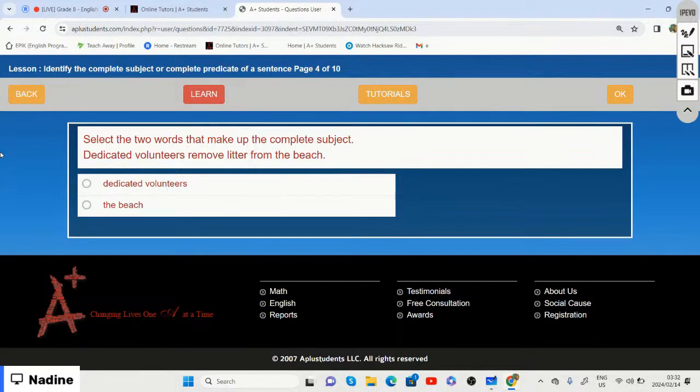We need to now also select two words that make up a complete subject. It says dedicated volunteers remove litter from the beach.